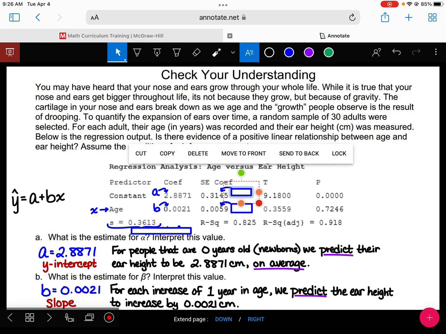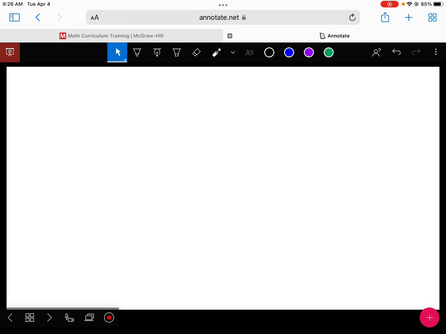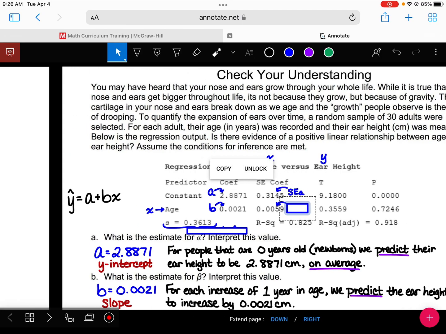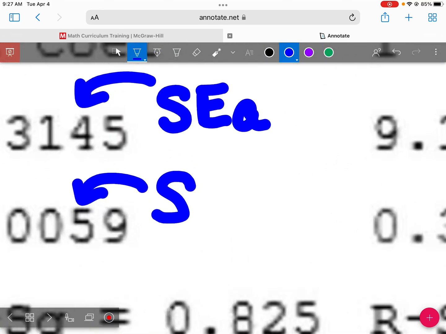SE, that would be the standard error for A, which is not one of the things that we talked about up above, but we did talk about the standard error for B. That is this piece right here. This is the standard error for B.